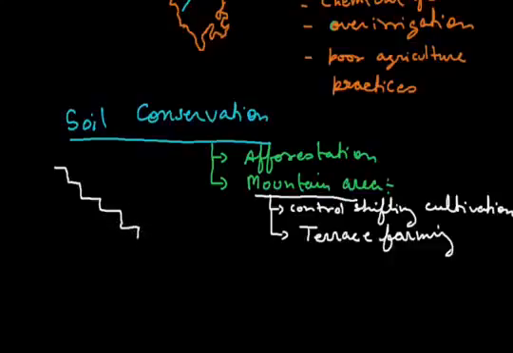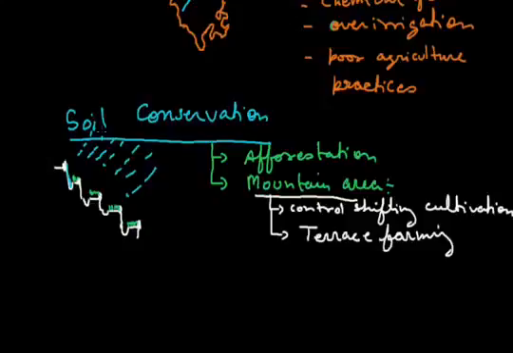Actually what we are doing here is that we make nalas on the wall sides of the field, and on these sides we make a bund, and then we grow crops on the field part. Whenever there is rainfall, the water goes to these nalas, and from these nalas it goes in a particular direction.